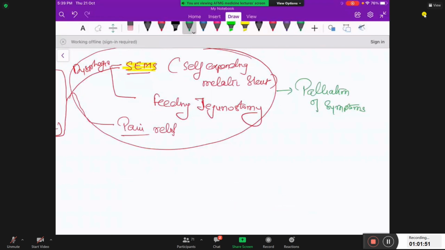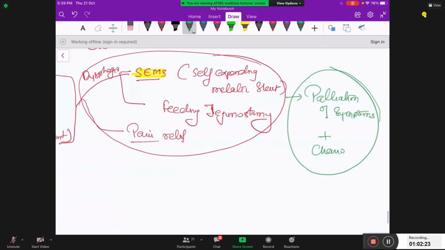We can't do much, but we should try. So for that, we will add chemotherapy. So the treatment of advanced carcinoma esophagus is palliation of symptoms with chemotherapy. Out of feeding jejunostomy and a stent, preferred is stent.